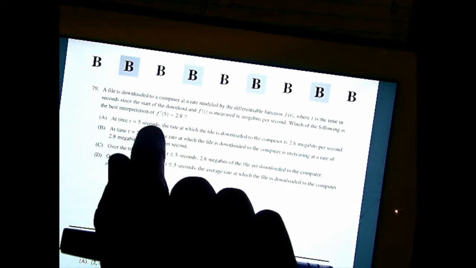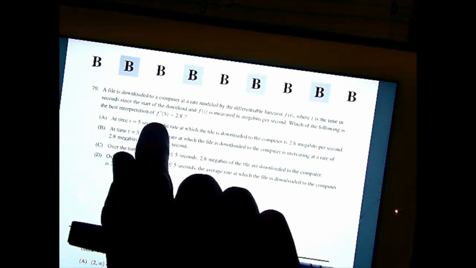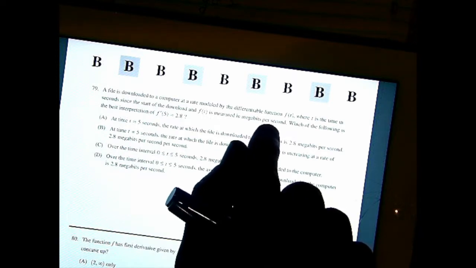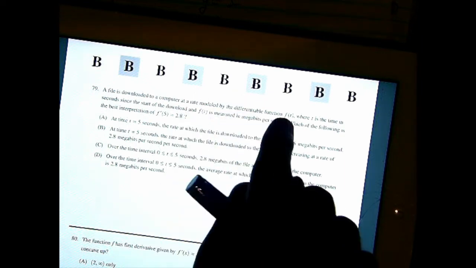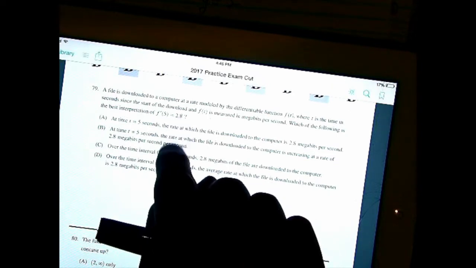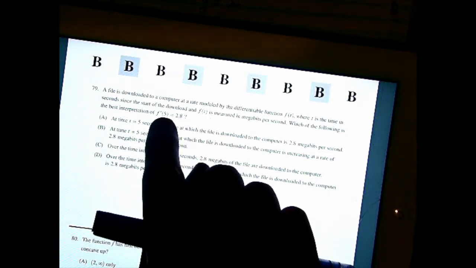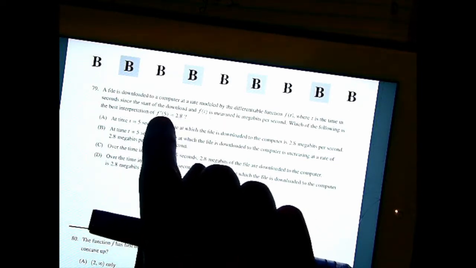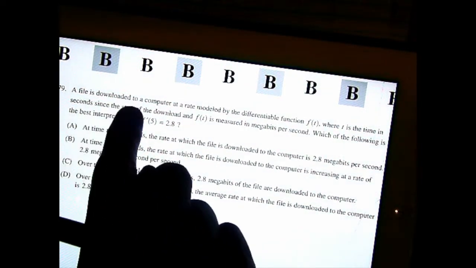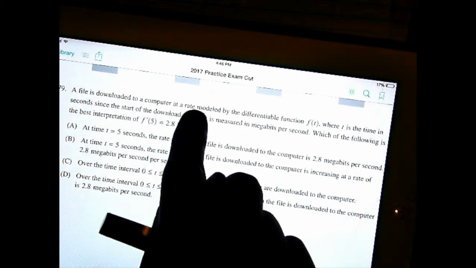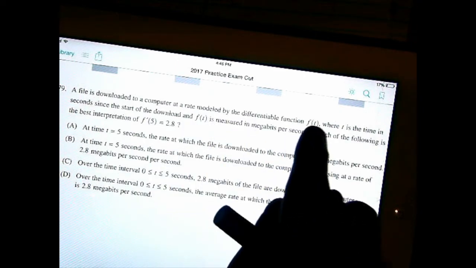Now, the function f itself, it represents what? It represents a rate. f itself, somewhat confusingly, is already a rate of change. It's maybe easy to overlook that. But if you read the question carefully, it says a file is downloaded to a computer at a rate modeled by the differentiable function f of t.